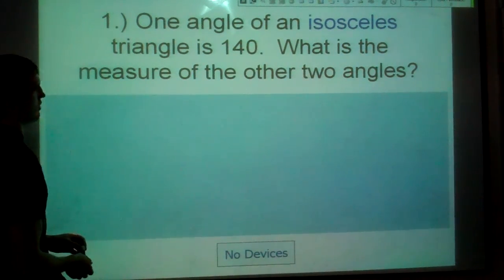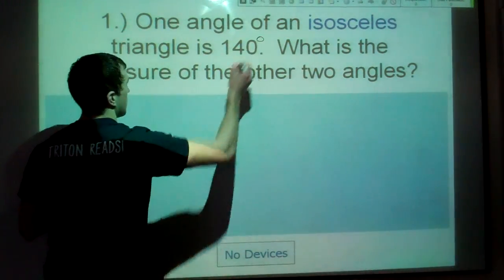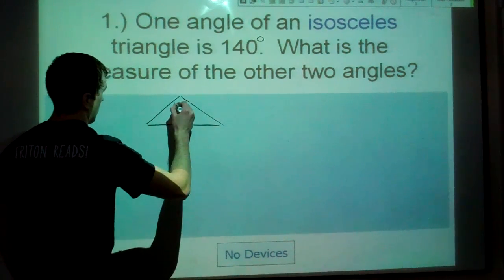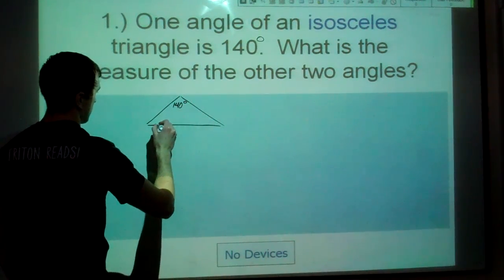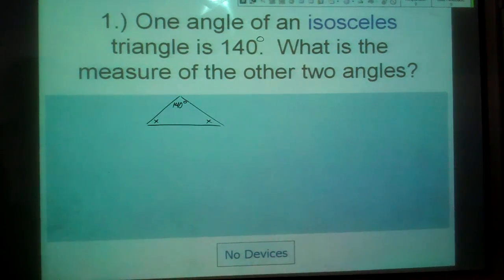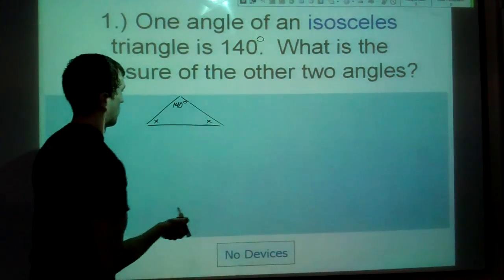Alright, one angle of an isosceles triangle is 140 degrees. What is the measure of the other two angles? That should be degrees. And that means we have a triangle like this. This would be 140 degrees, and these two have to be the same because it's an isosceles triangle. All the angles have to add up to 180.